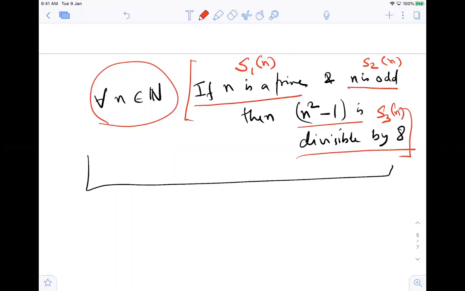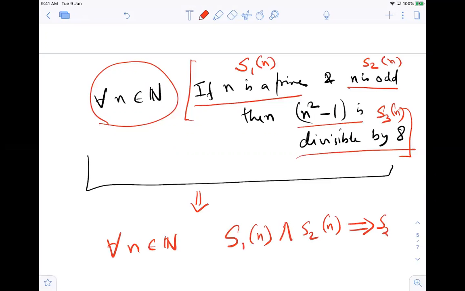So this basically boils down to: for all n in natural numbers, S1 of n and S2 of n implies S3 of n. So this is an assumption, this is a deduction, but since it has a variable in it, it has to be quantified.